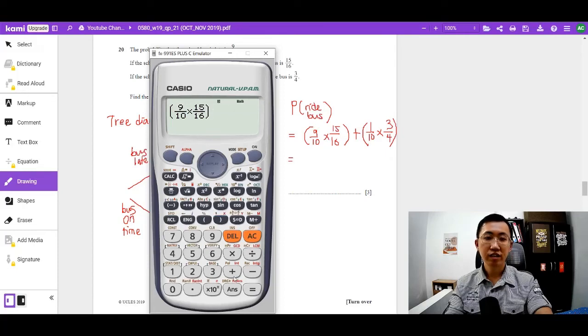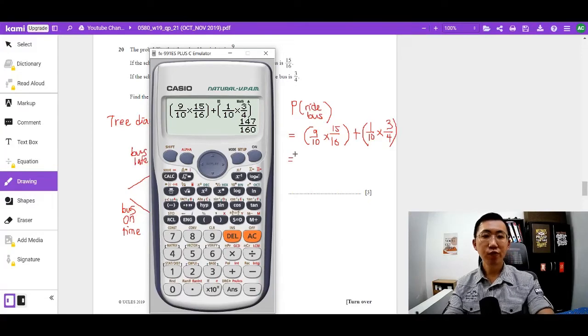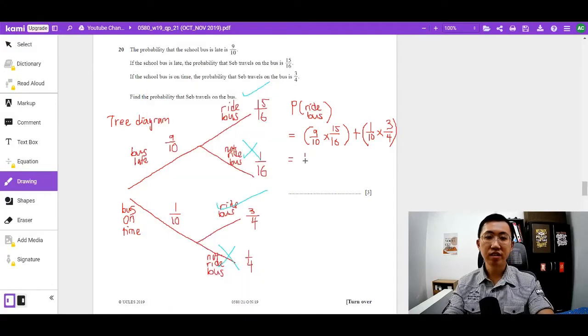Okay, plus. When using the calculator, I have to type slowly. So 1 over 10, right arrow, multiply, fraction again, so 3 over 4. Almost there, guys. Right arrow, close it. Okay, so we can press equal now. Boom! 147 over 160. So that will be my final answer. So just like that. That's the answer for question 20.